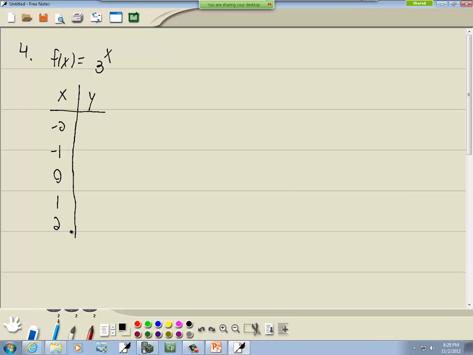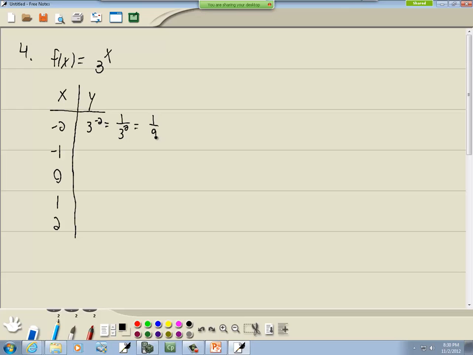Probably won't do much good to go above that. Then we take each one of those x values and plug them in for x there. So we got 3 to the -2, which is 1 over 3 squared. Remember, something with a negative exponent goes opposite of where it's at in a fraction. So we take it downstairs.